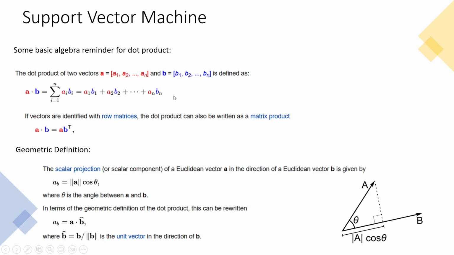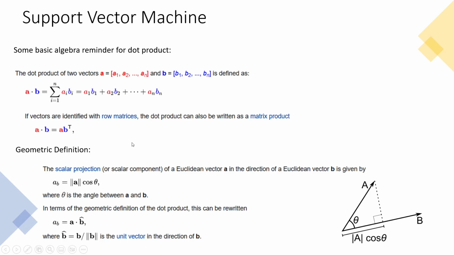That's a pretty easy definition of the dot product. If these vectors are row vectors, then the same equation can be written as A times the transpose of B, right?